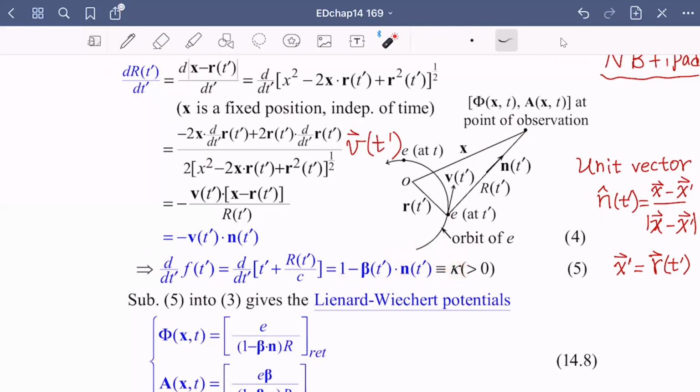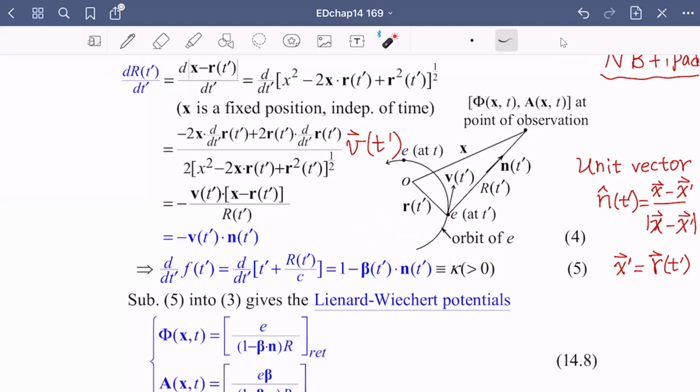Kappa is less than 1. This one is the direction, so it's a unit vector. Therefore, this one is less than 1. Therefore, kappa should be greater than or equal to 0.